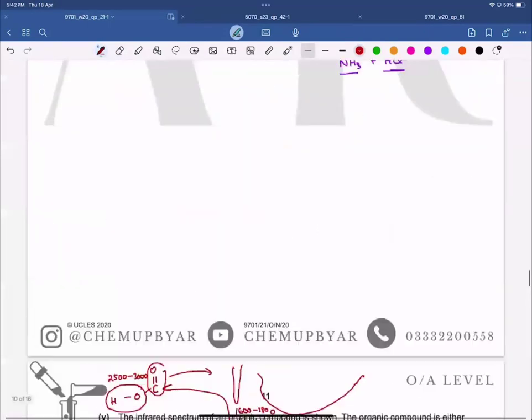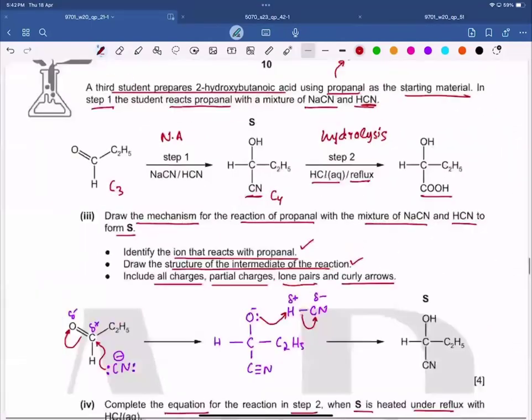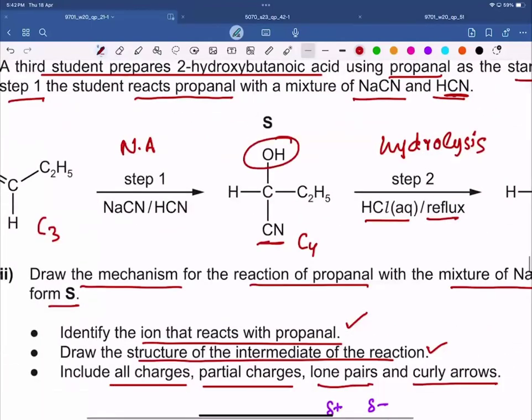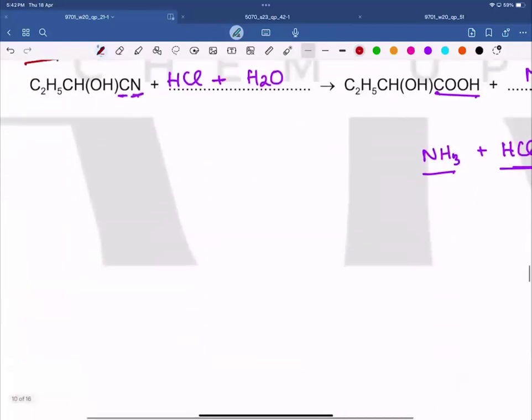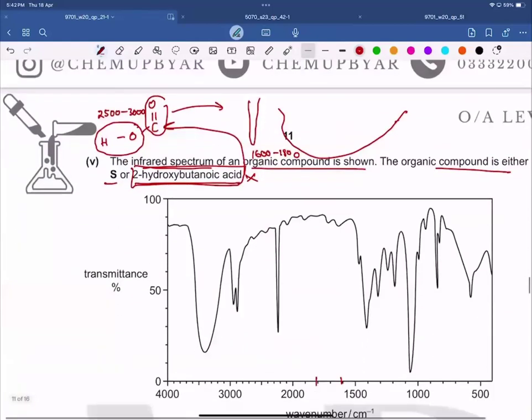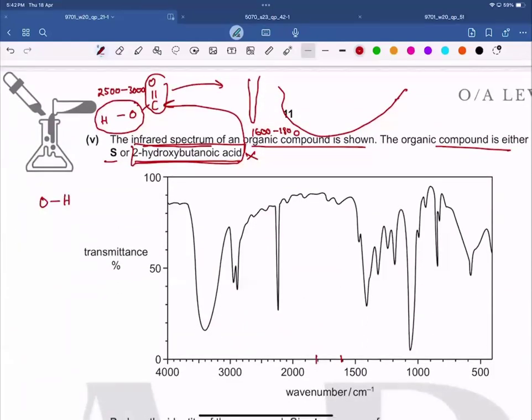So what is S? S is this one. See, we have an OH. If the OH of alcohol, the hydroxyl, is there, this peak is always 3200 to 3600.